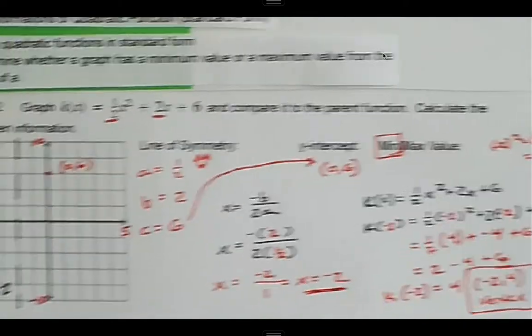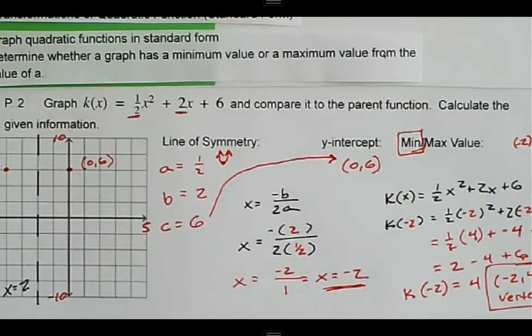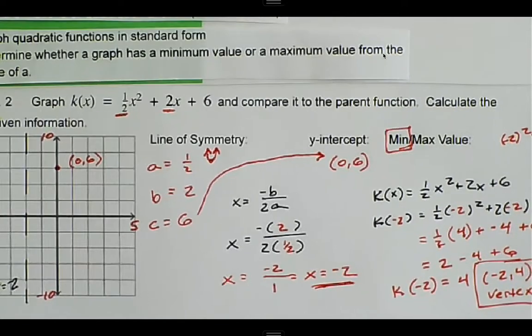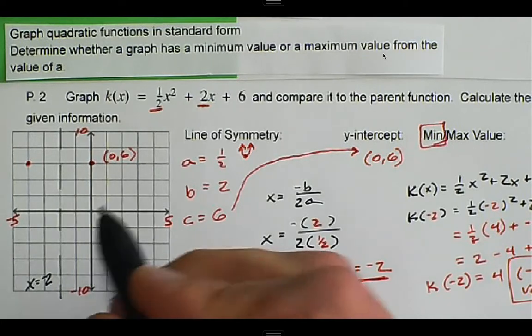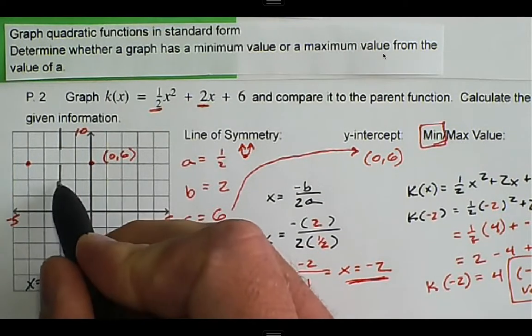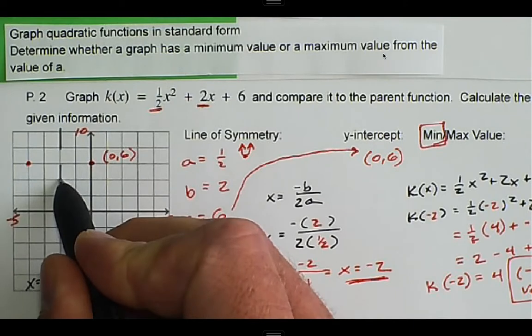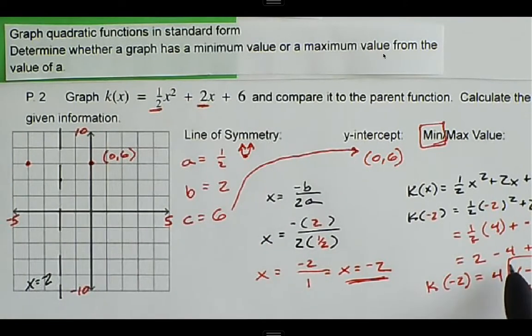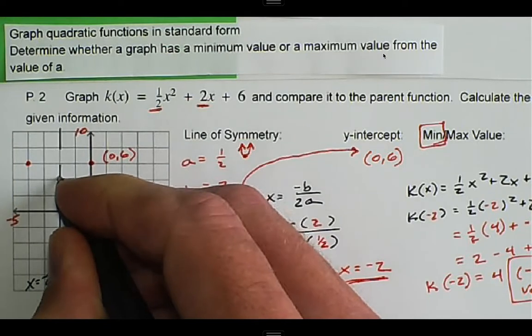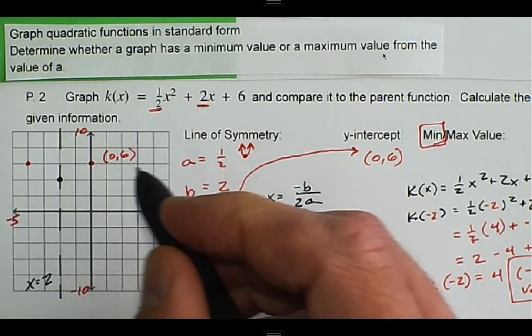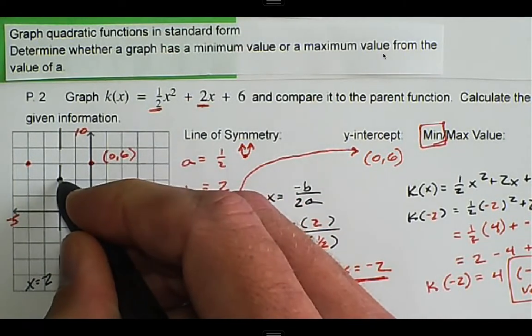And so we can go and graph that point of -2, 4. Yep, -2, 4 is right there. And then we can sketch the parabola that goes through that.